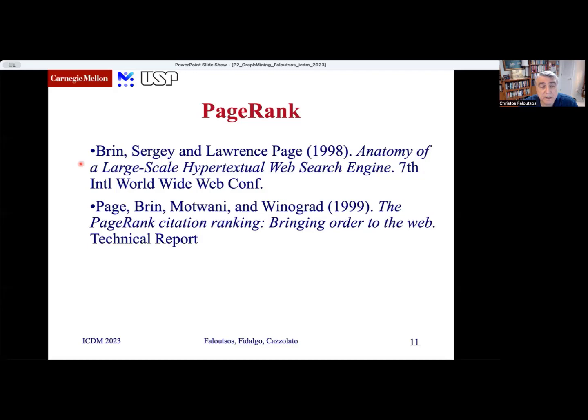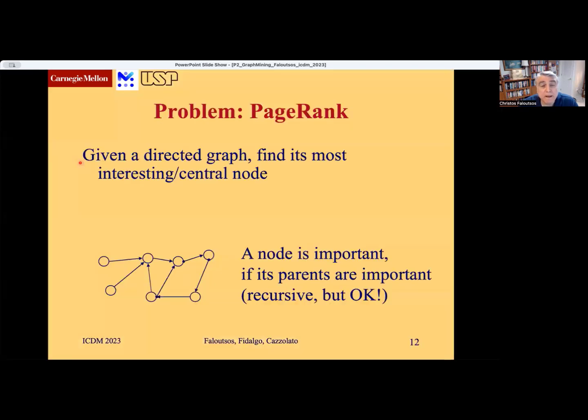This is based on work by Sergey Brin and Lawrence Page, the founders of Google. The idea is that when we have a graph and we want to find the most important node, the insight is that a node is important if the nodes that point to it, its parents, are also important.